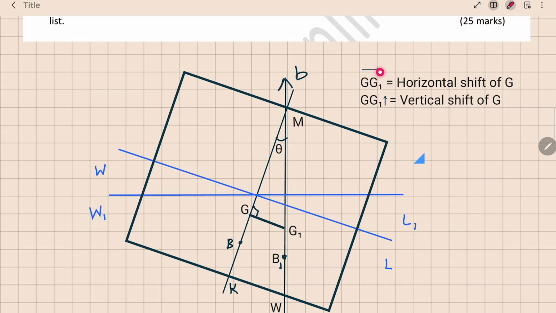One on top shows horizontal and one on the side shows vertical.